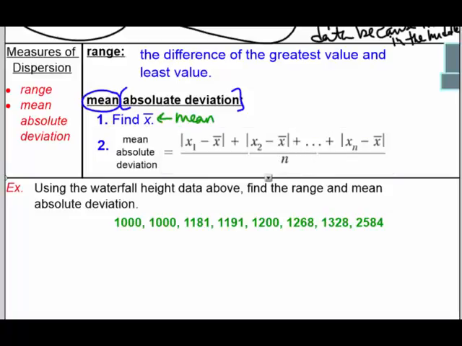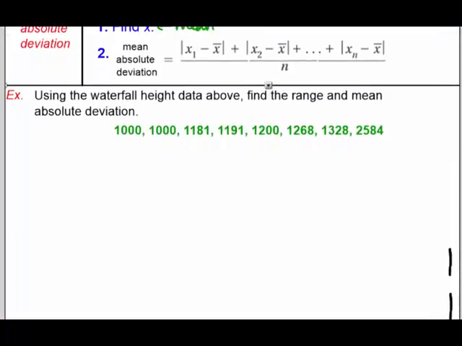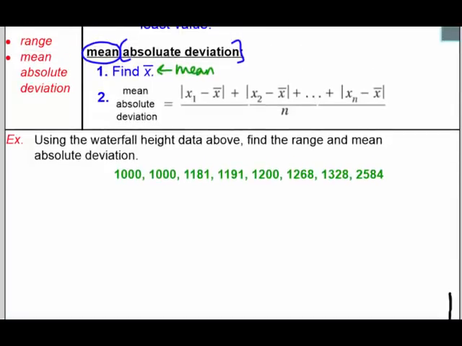Okay? So let's use the same data numbers, the 8 waterfall heights from Washington, to find our 2 measures of dispersion, 2 measures of spread. So we're going to find our range and our mean absolute deviation. The range is going to be the easiest here. So let's calculate range.